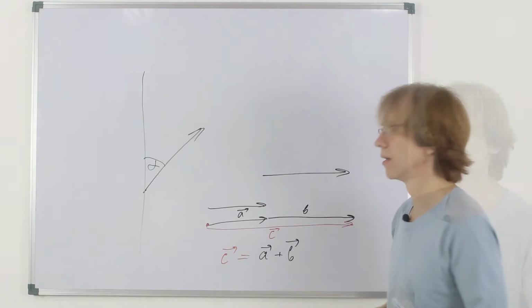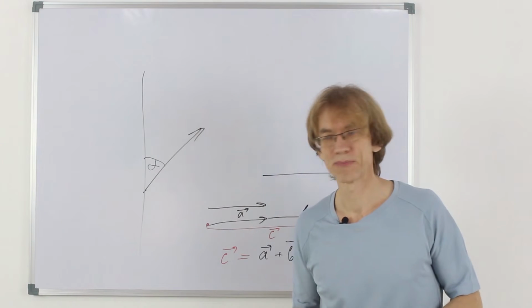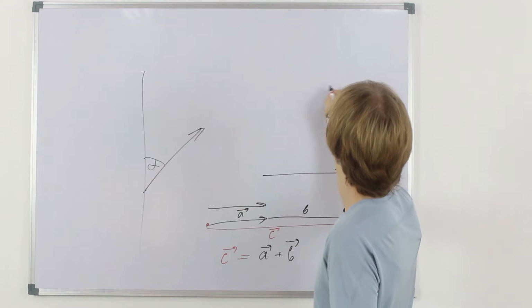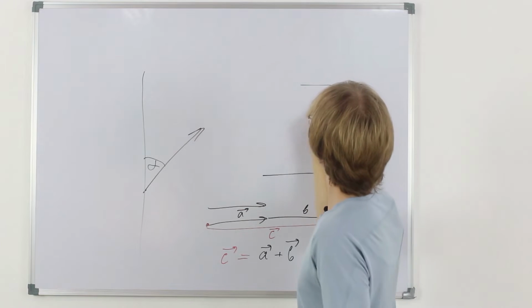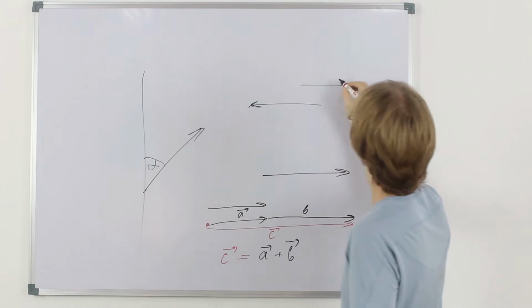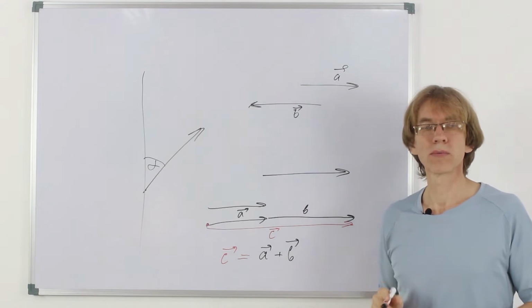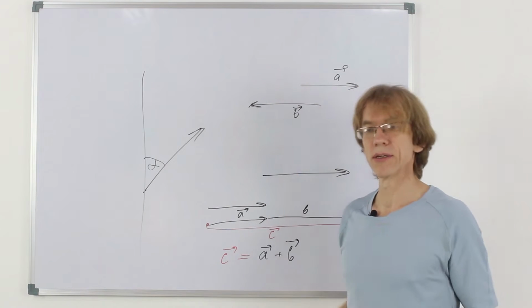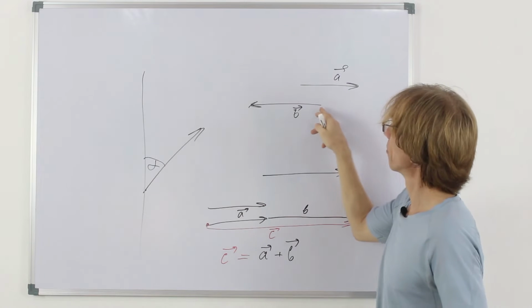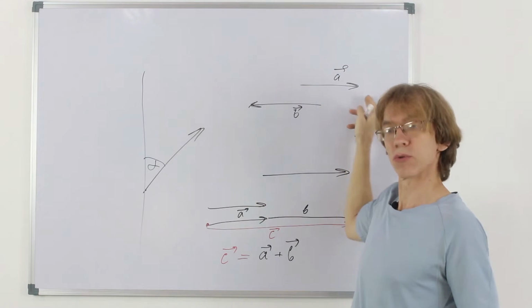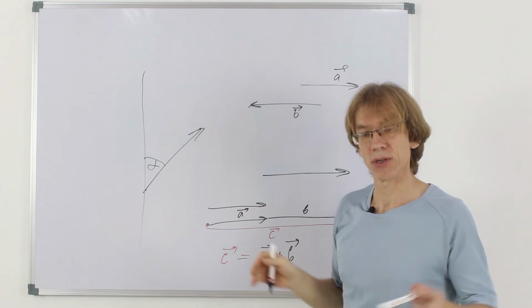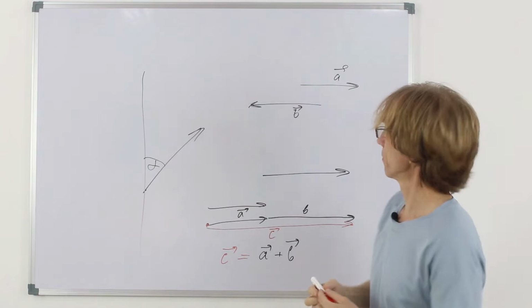Easy? What if they go in opposite directions? Okay, let's try something. And this one, again it's A and this is B. What are we going to do? We are following the same idea. We put the base of one to the tip of another, and the order doesn't matter.